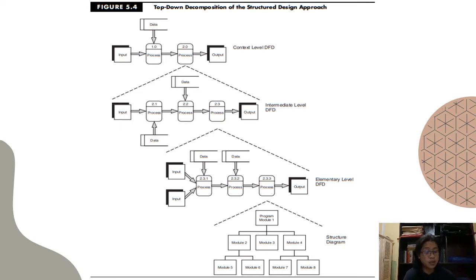Let's assume that 3 levels are sufficient in this case. The final step transforms process 2.3.3 into a structure diagram that defines the program modules that will constitute the process.